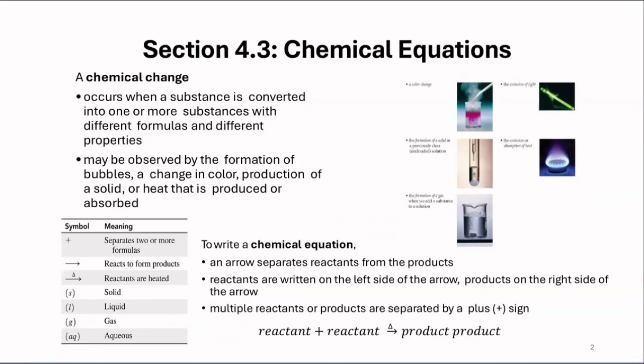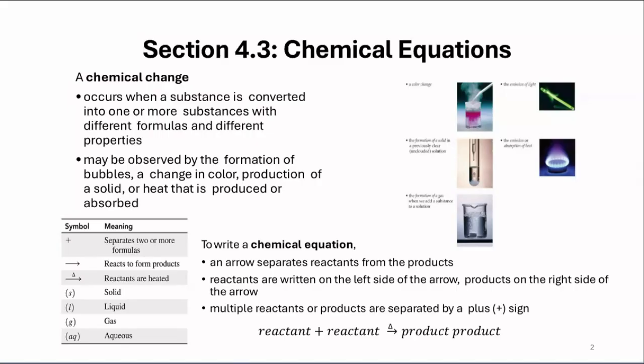To remind you of the definition, a chemical change is going to occur when a substance or multiple substances are converted into one or more substances with different chemical formulas and different properties.